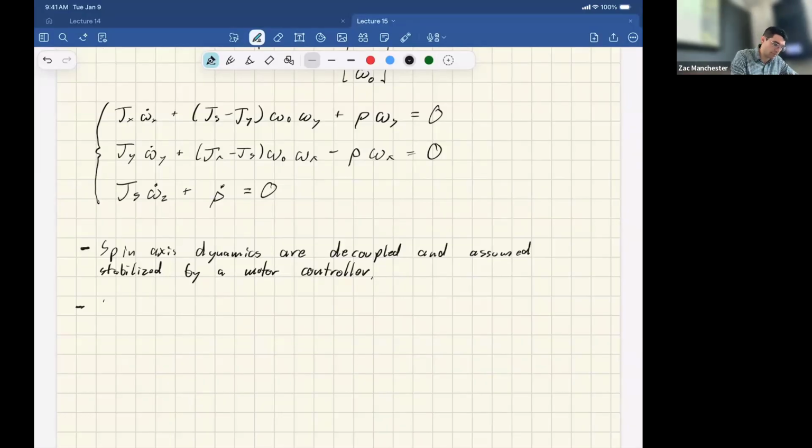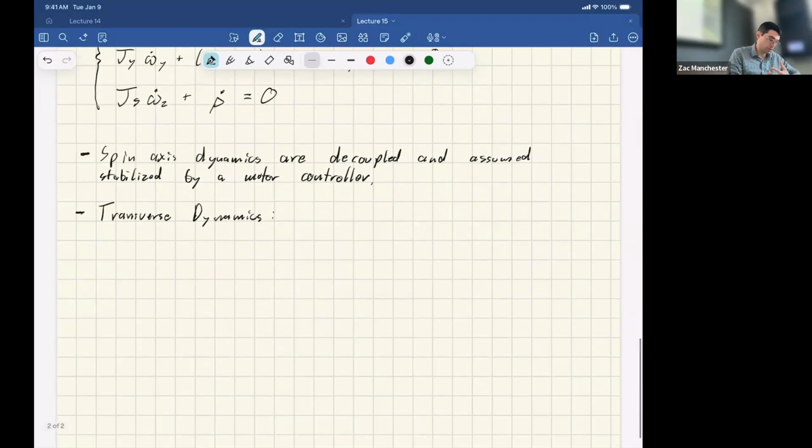which we'll call the transverse dynamics. And this is really, really easy. And we get our classic linear system-y thing with a little bit of massaging.